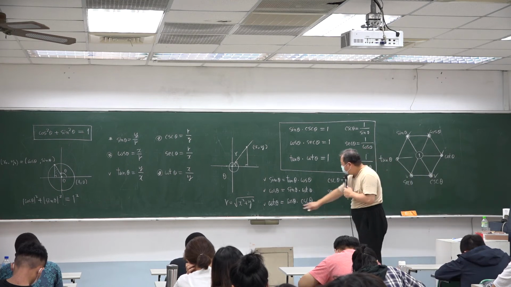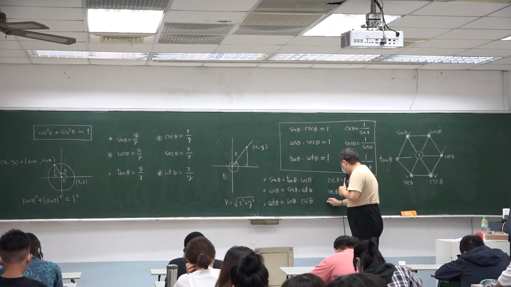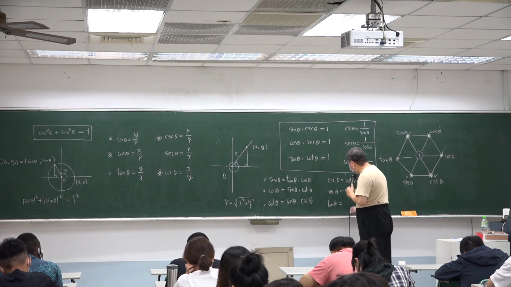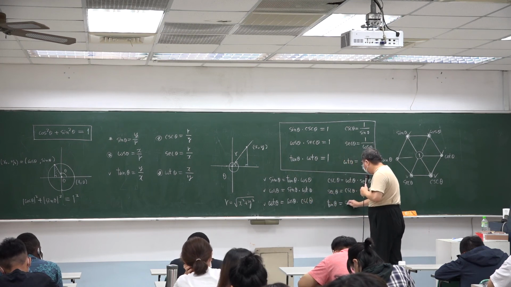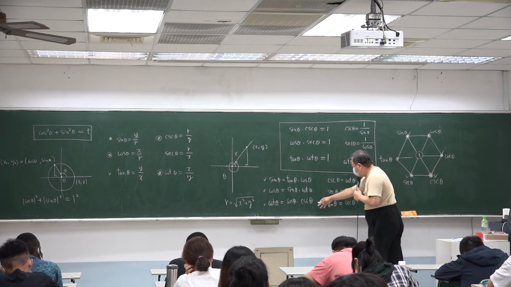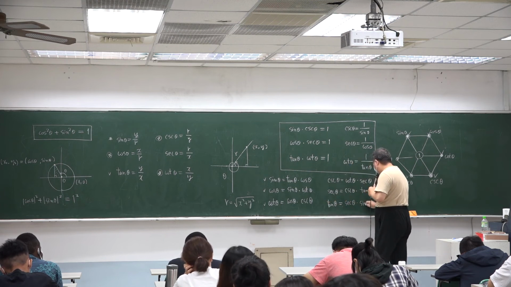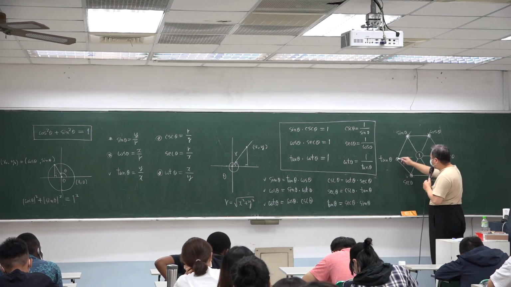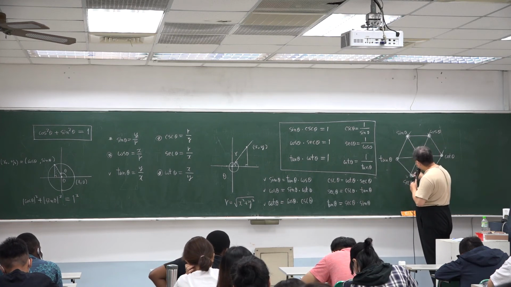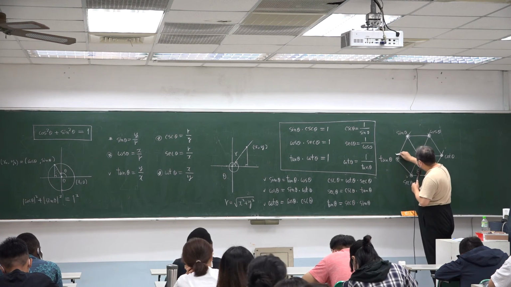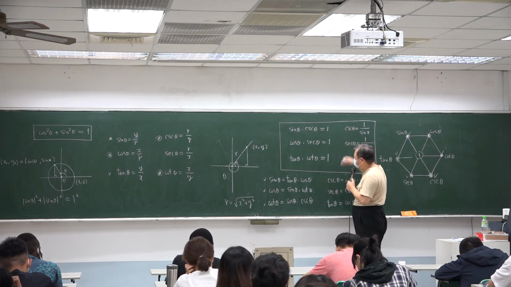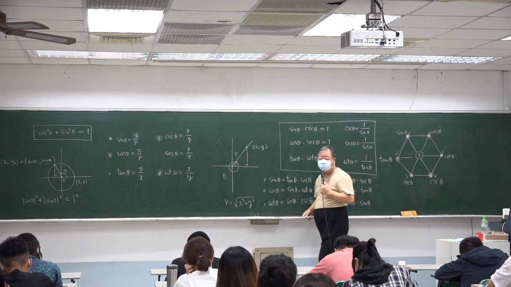Finally, the reciprocal of cotangent is tangent. Tangent here, secant sine. Okay. So, the quotient rule, product rule.